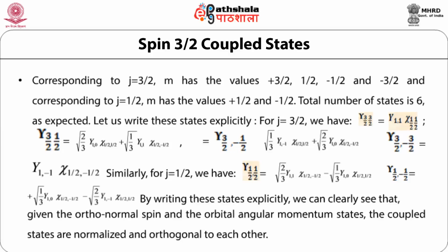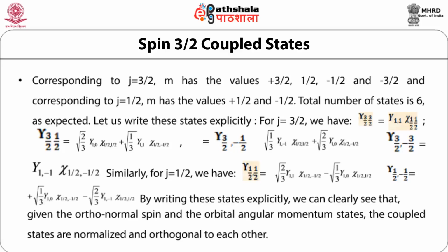The second coupled state corresponding to J equal to 3 by 2 and M equal to half is given by gamma_{3/2,1/2} equal to square root of 2 by 3 times Y_{1,0} times xi_{1/2,1/2} plus square root of 1 by 3 times Y_{1,1} times xi_{1/2,-1/2}.